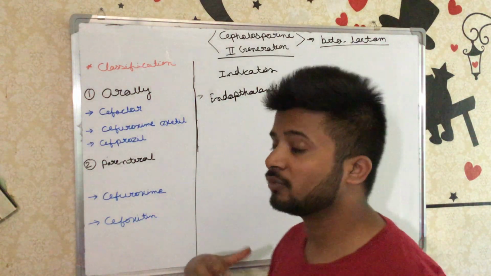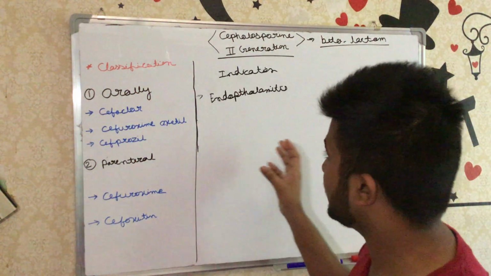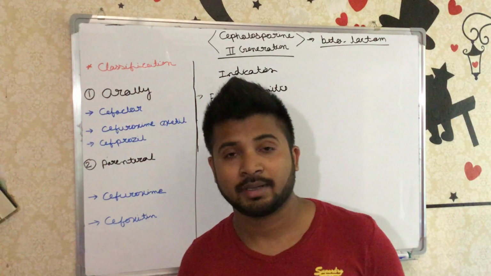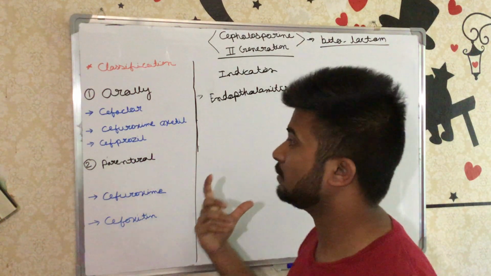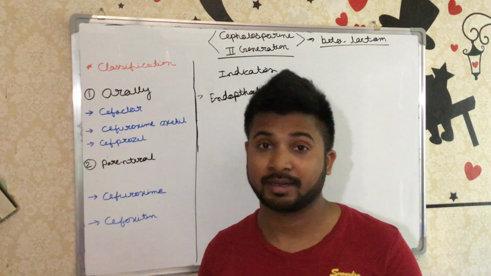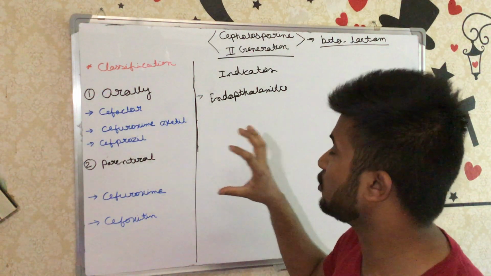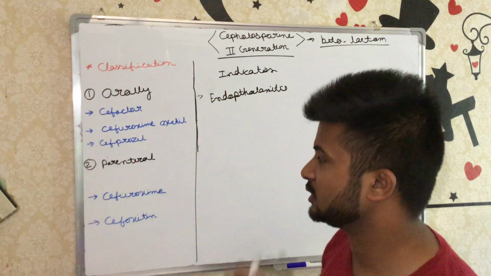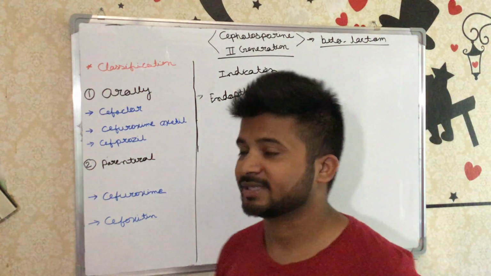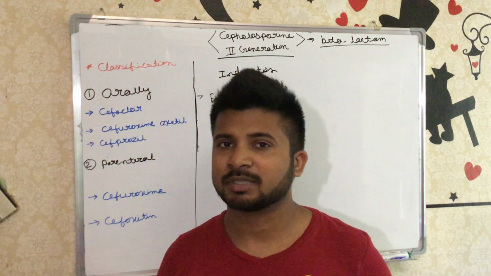If we do not give any antibiotic, endophthalmitis can develop, and that becomes worse than the cataract itself. That's why in these conditions, if we use a second-generation cephalosporin, especially cefuroxime or cefaclor, these are the drugs of choice.